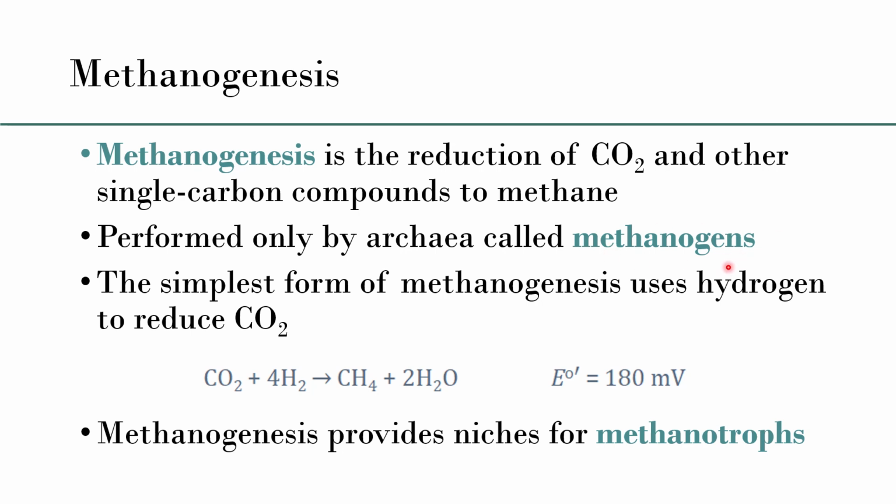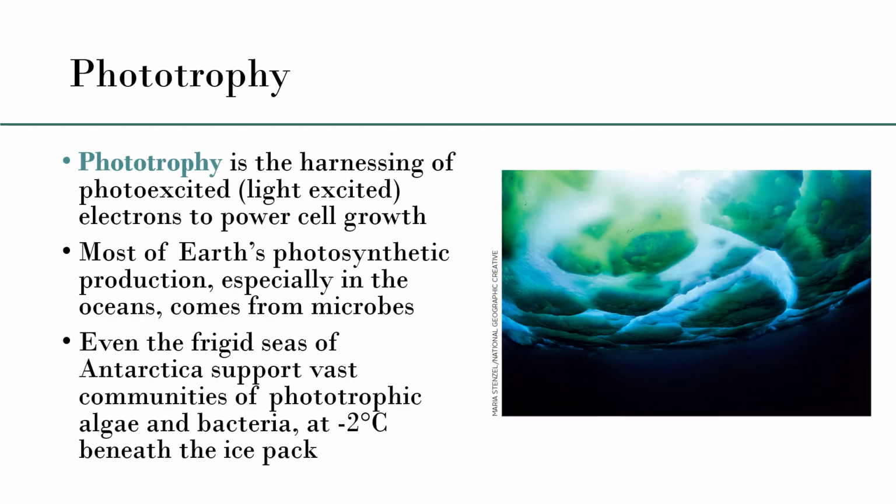Methanogens use methanogenesis to produce a bunch of methane, and then you have organisms called methanotrophs. Troph refers to eating. They can take this waste product, the methane, and eat it and use it to make energy. So that's an interesting little creation of a niche there.